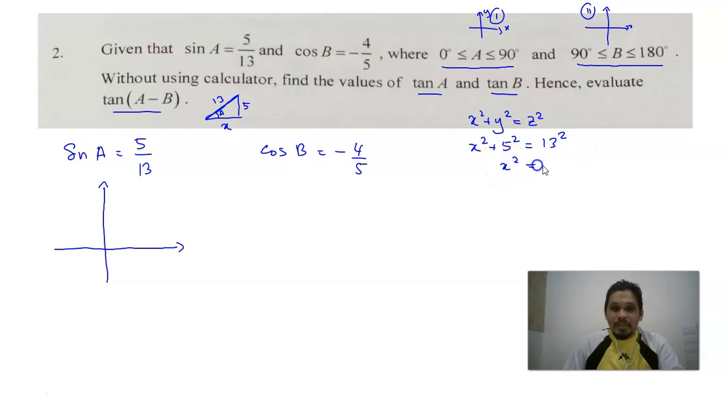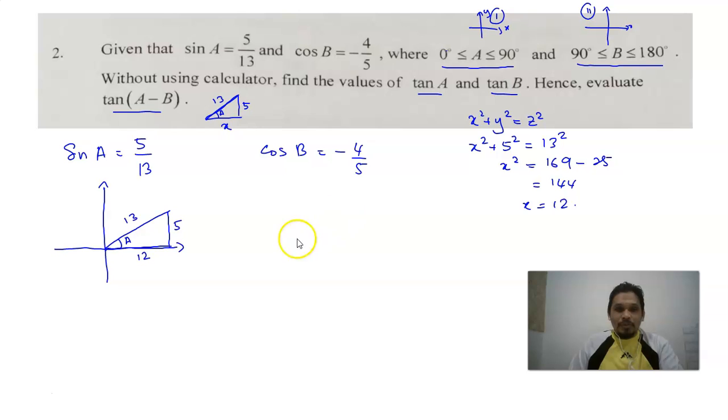Then x squared equal to 169 minus 25 equal to 144. Then x equal to 12. So the graph will be something like this. Okay. The angle of A, and this is 13, 5, and 12.